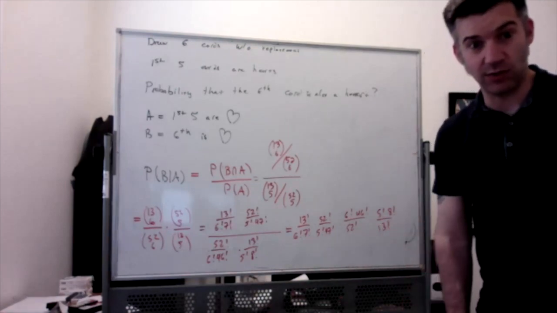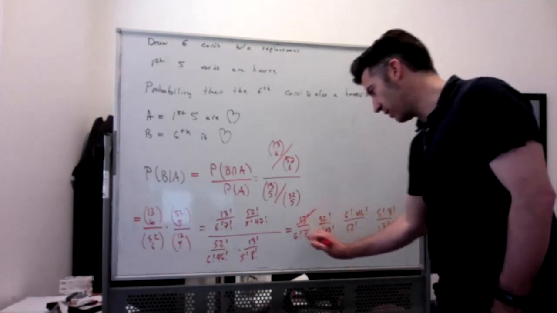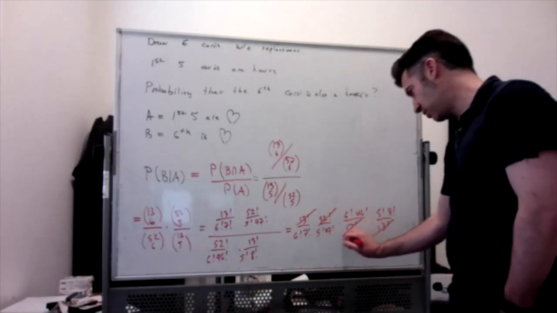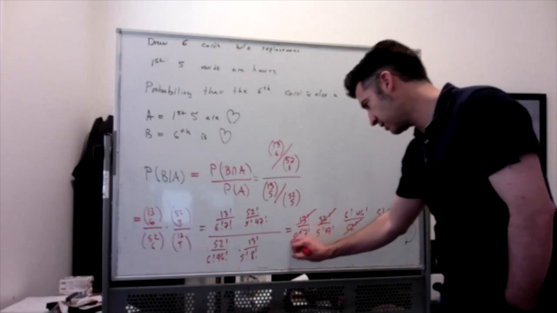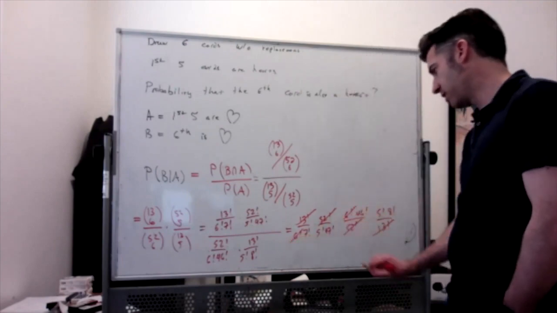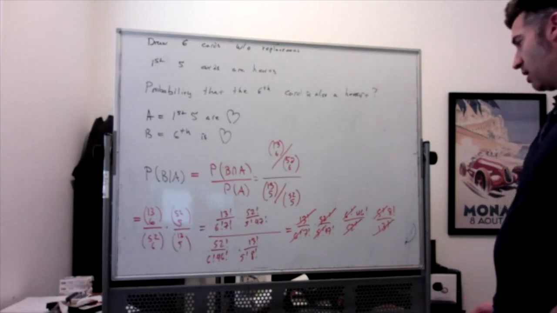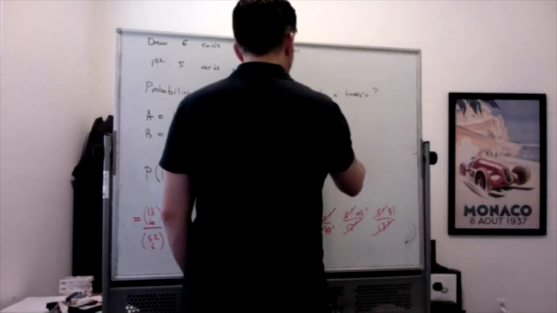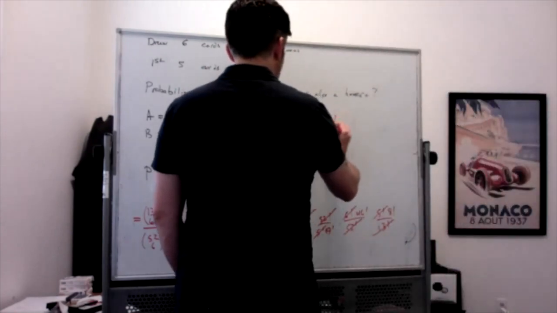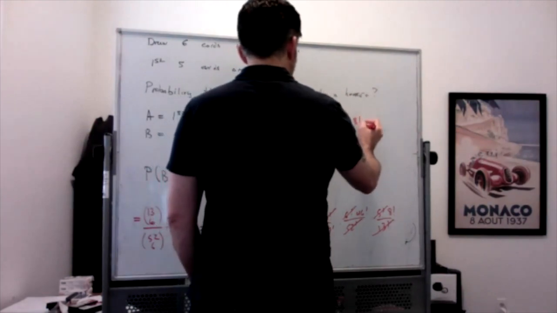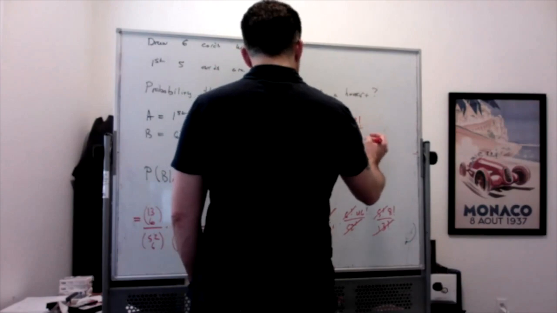Now cancel a 13 factorial with a 13 factorial, a 52 factorial with a 52 factorial, a 6 factorial with a 6 factorial, and a 5 factorial with a 5 factorial. And so it looks like we're left with 46 factorial over 47 factorial times 8 factorial over 7 factorial.